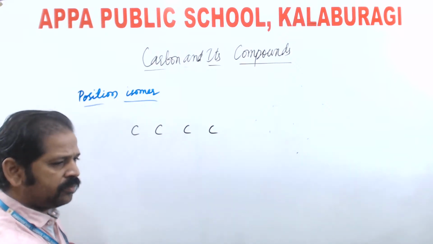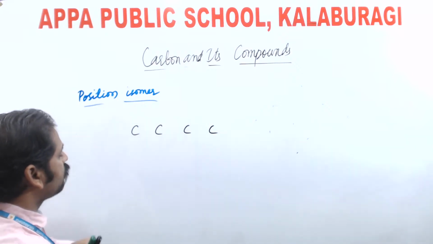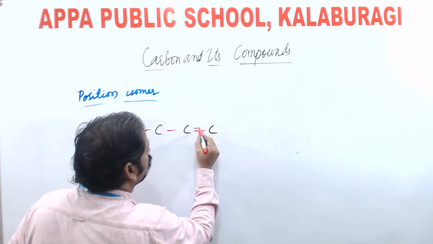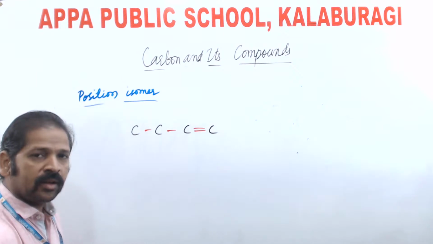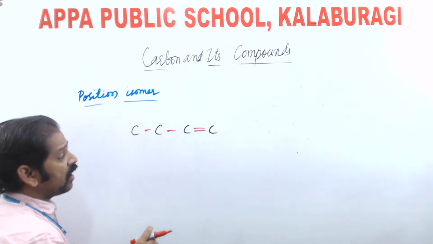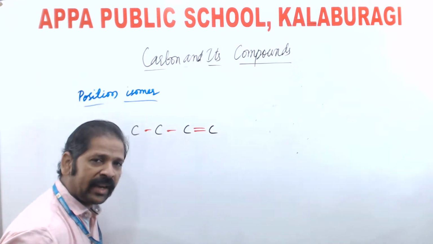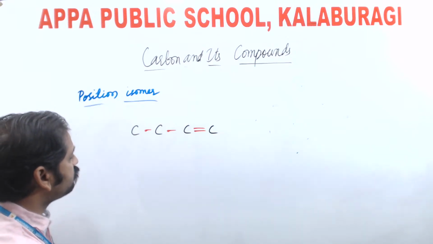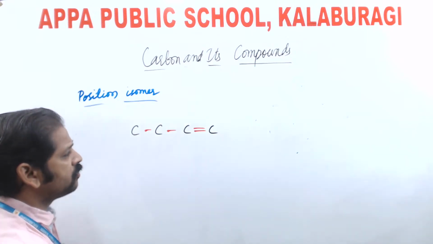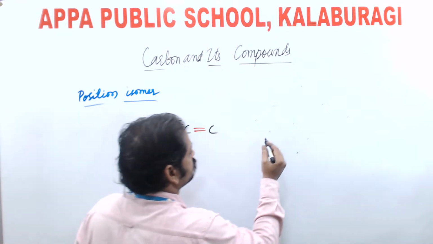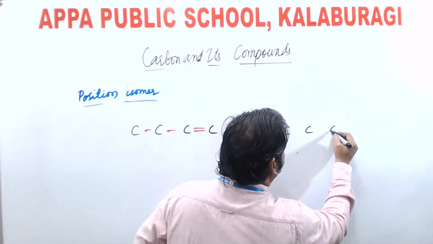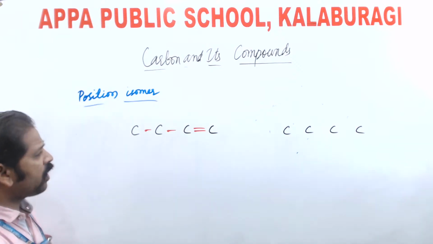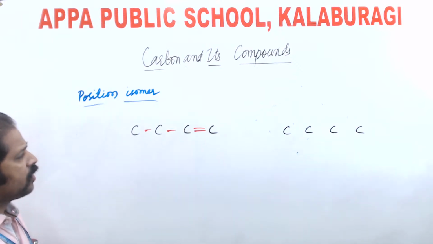Butene means one, two, butene. Butene means we are having a double bond compulsory. Then one more butene. One, two, three, four. One more butene is here. Four are there.